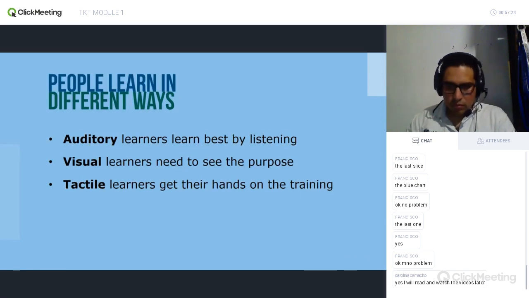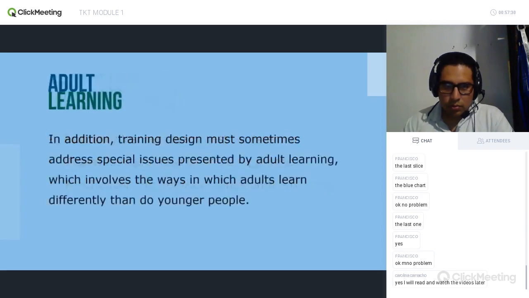Trainers who address all of these styles by using multiple training methods can present more effective training. In addition, training design must sometimes address special issues presented by adult learning, which involves the way in which adults learn differently than do younger people. Certainly, the training design considers that all the trainees are adults, but adults come with widely varying learning styles, experiences, and personal goals.